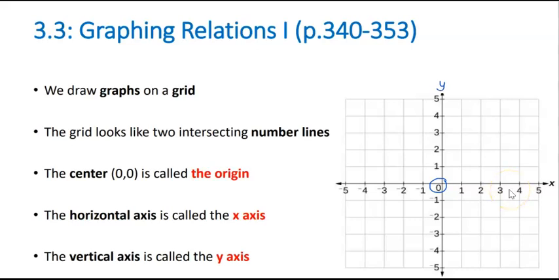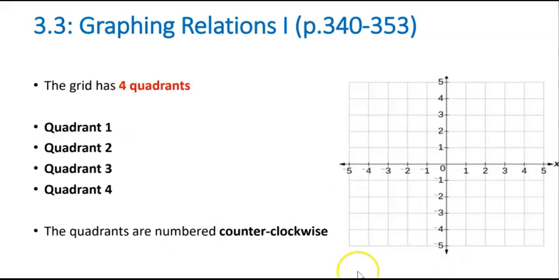You may also want to note from the point of origin that to the right and upwards are positive values, and to the left and downwards are negative values. This grid has 4 quadrants. And the quadrants are numbered counterclockwise. So where we have a positive x and positive y, that's our quadrant 1.